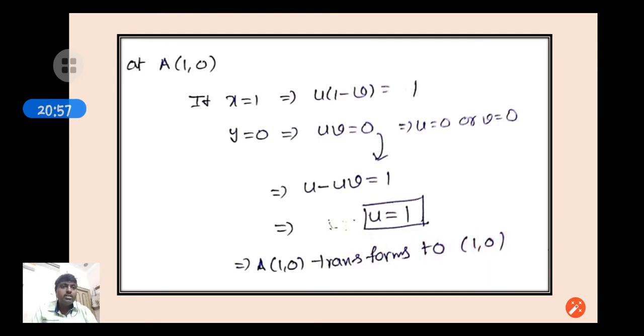Okay, the second condition also you observe that if v is equal to 0, u value is 1; if u is equal to 0, that entire term is 0, so we are not considering u is equal to 0 here. Only we consider v is equal to 0 in this condition.